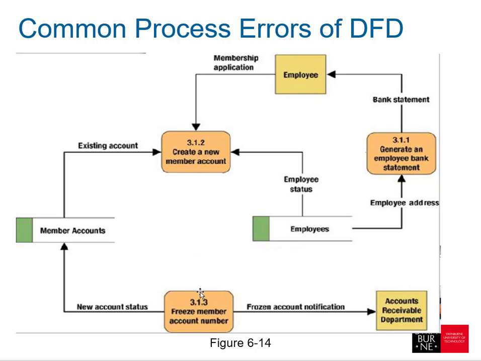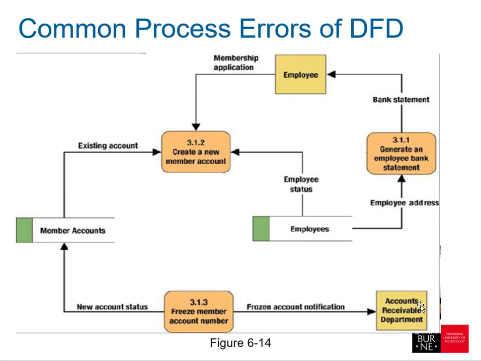So let's go to process 3.1.3, freeze member account number. In order to freeze the member account number, it's just updating the member account or new account status. So this is correct.